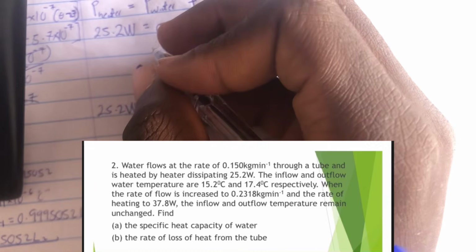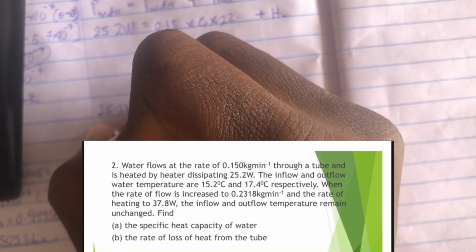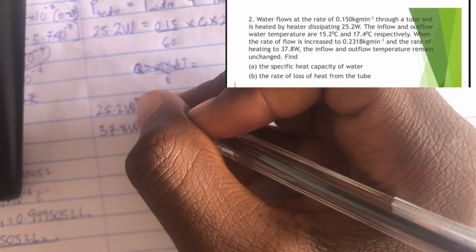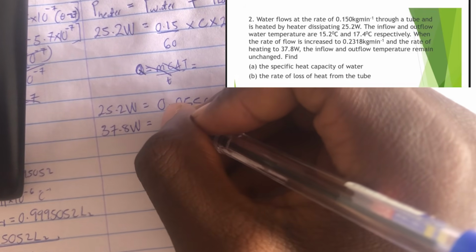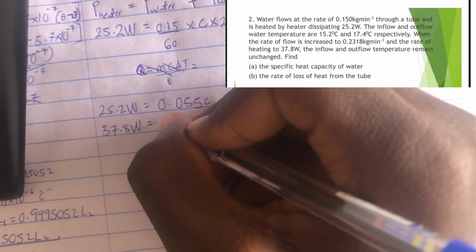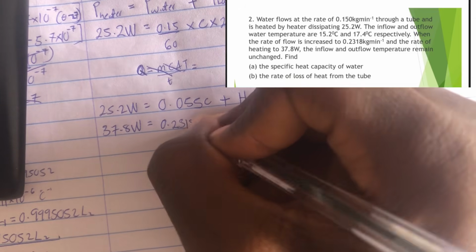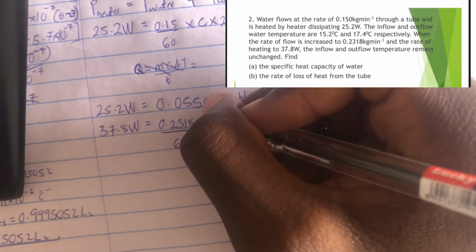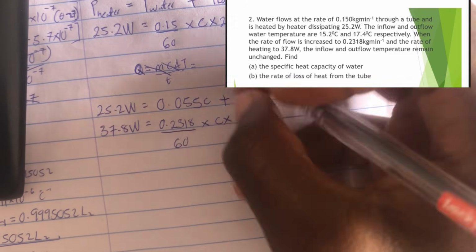The second scenario: the heater started supplying heat at a rate of 37.8 watts. So the water now started flowing at 0.2318 kilogram per minute. As we use mc theta, that's 0.2318 divided by 60 times C, the specific capacity of water, times the change in temperature.